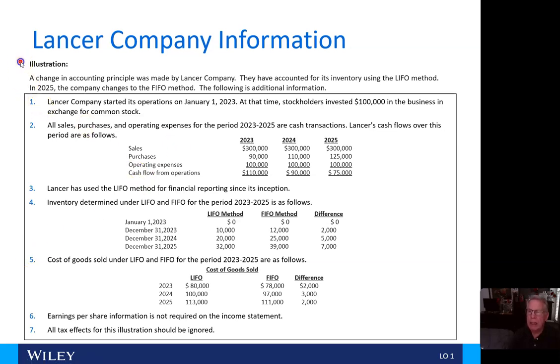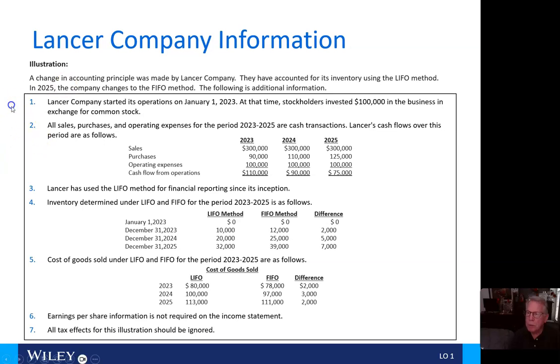Okay, let's look at an illustration here for the Lancer Company. A change in accounting principle was made by the Lancer Company. They have accounted for its inventory using the LIFO method. In 2025, the company changes to the FIFO method. The following is additional information. One, Lancer Company started its operations on January 1, 2023. At that time, stockholders invested $100,000 in the business in exchange for common stock.